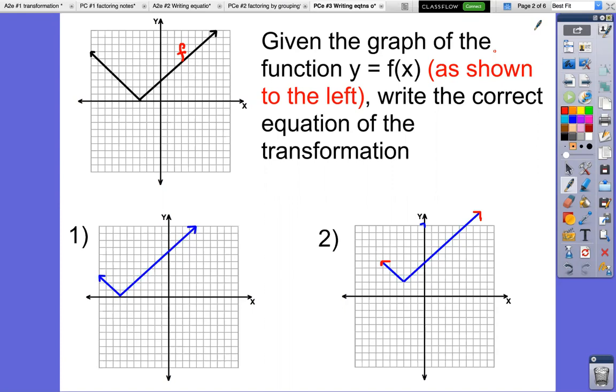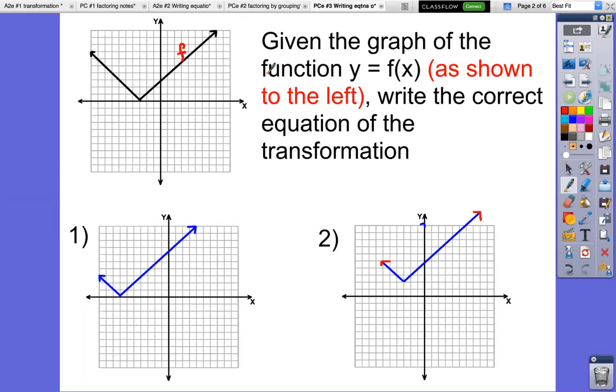Now, the difference between yesterday's assignment and today's assignment is yesterday, they would have given you the equation for this graph and then asked about the transformation. Here, notice I didn't give you the equation. I said y equals f of x.